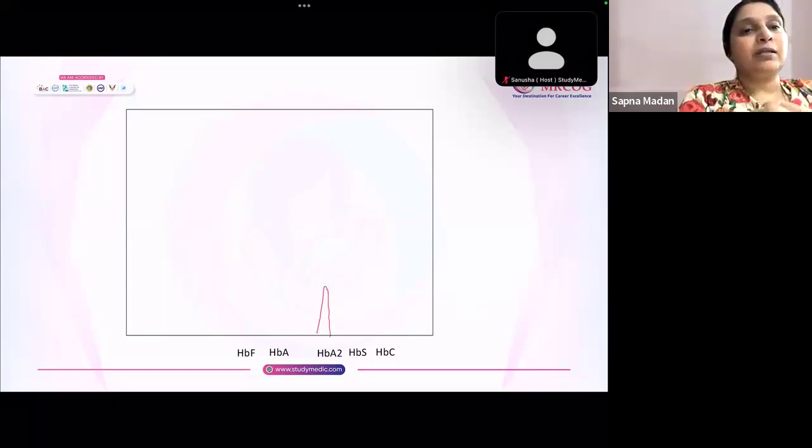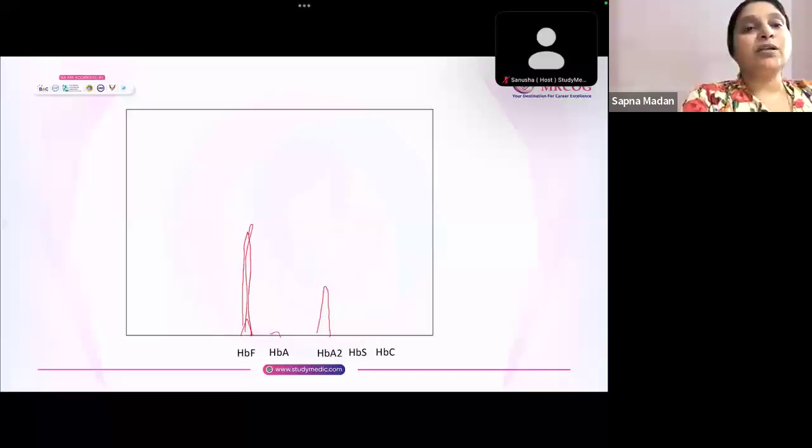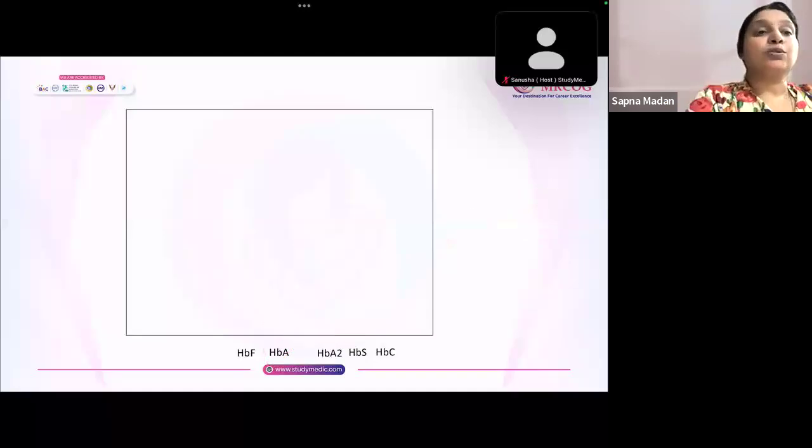The HbF is also there, or HbF is peaking, okay. And the HbA fraction is negligible. Okay, what does this picture show? This is a sign of beta thalassemia major. Okay, so this is beta thalassemia major where the fetal fraction is more, HbA2 is also more, and HbA is negligible or absent. Okay, moving on to the next one.